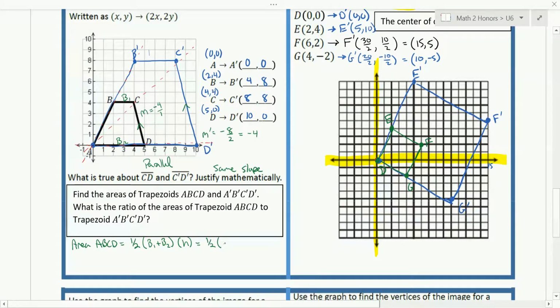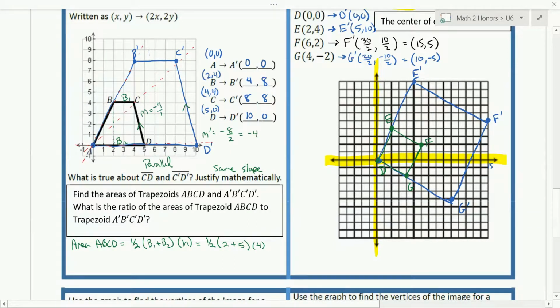How long is base 1? 2. How long is base 2? 5. What's the height of this thing? 4. So you just look at the picture, you could see, okay, base 1's the length of 2, base 2's the length of 5, and the actual height has got to be perpendicular to the bases, right?